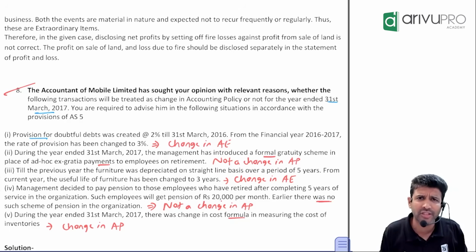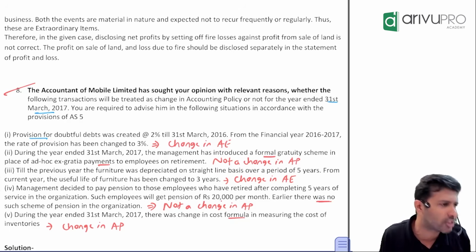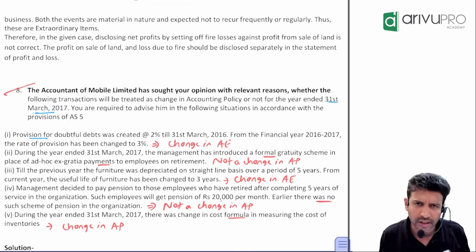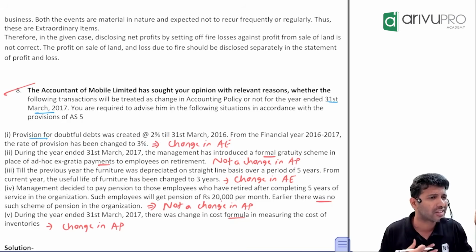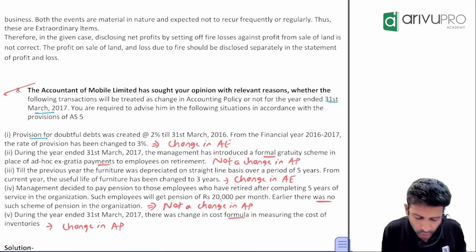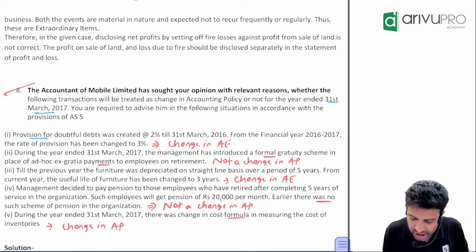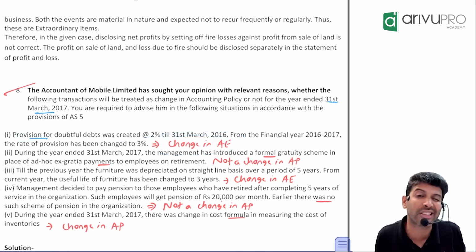This time, my debtor is showing Mr. Sri Malia signs. So, from 2%, I increased it to 3%. Have I done anything wrong in the previous year? No. These are purely based on circumstance. Provision is always an approximate. So is this a change in accounting policy or accounting estimate?